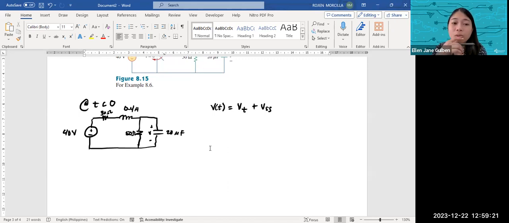So we will need to solve this one on its own. What we can do is turn off the 40 volts first, so that we will learn the transient response, and later we will determine the VSS. Okay, so turn it off first. So we will have 0.4, then we have 30 ohms.